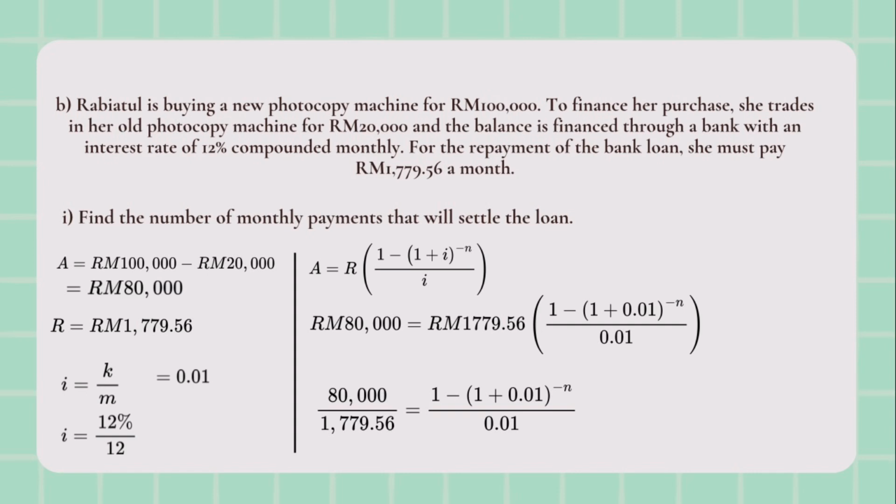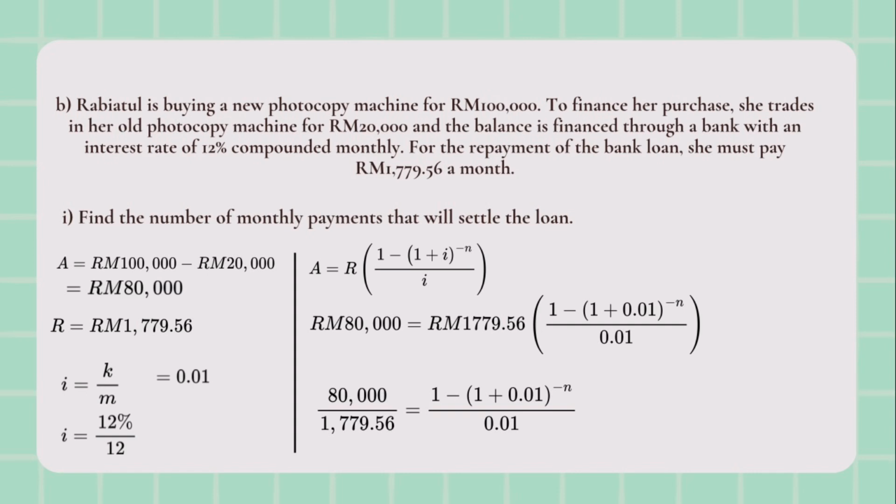Next, our periodic payment is 1,779 and 56 cents. And lastly, to find our periodic interest rate, we will use k over m, which is 12% over 12 because it is compounded monthly, which will give us 0.01.